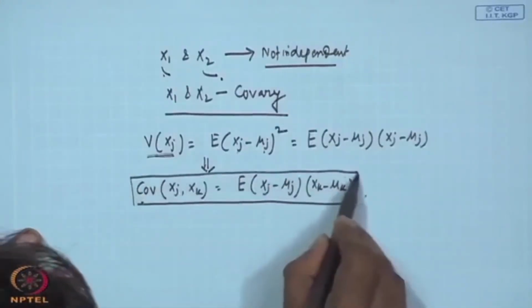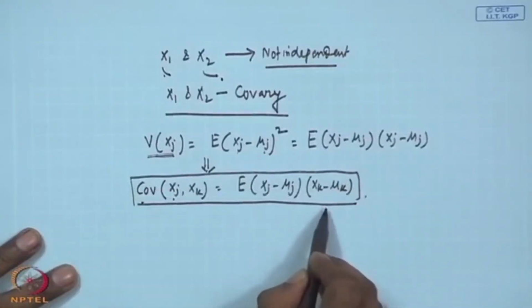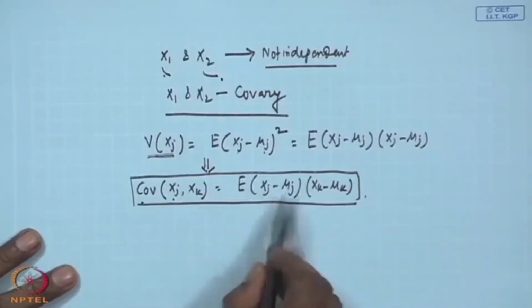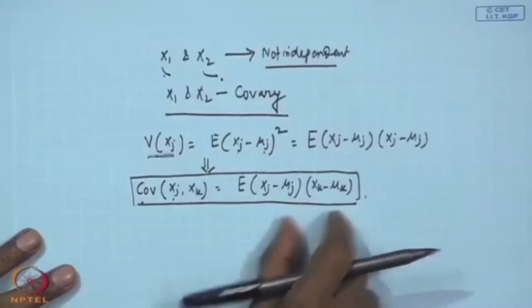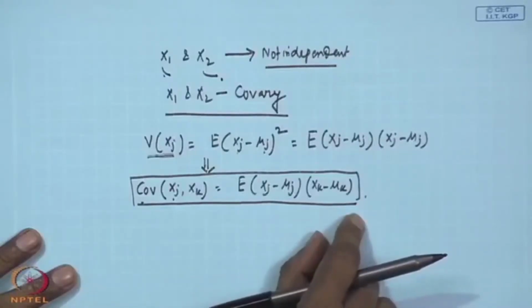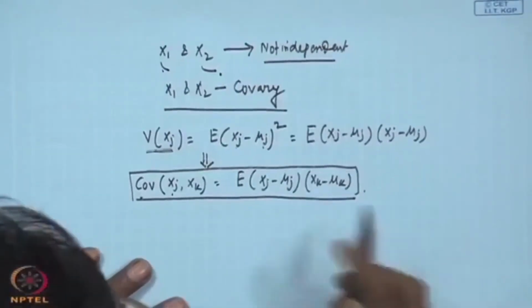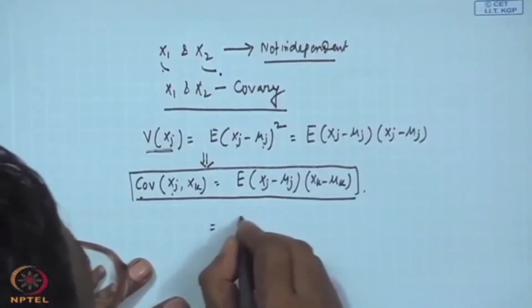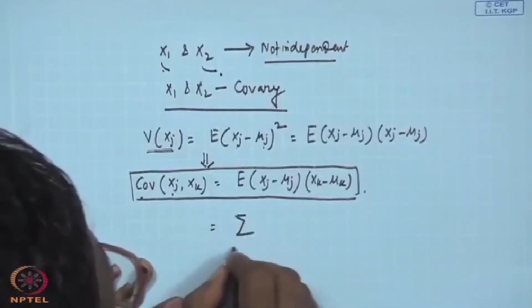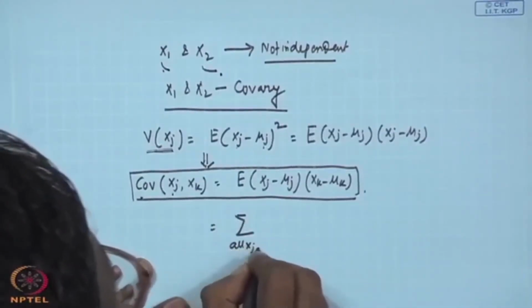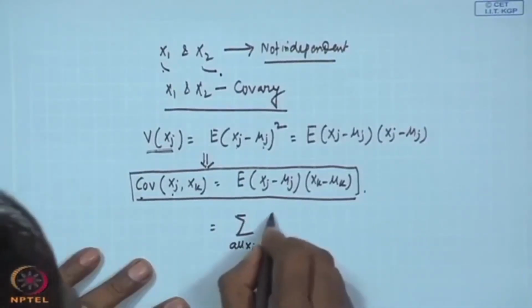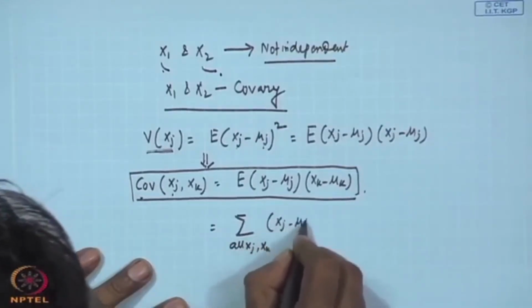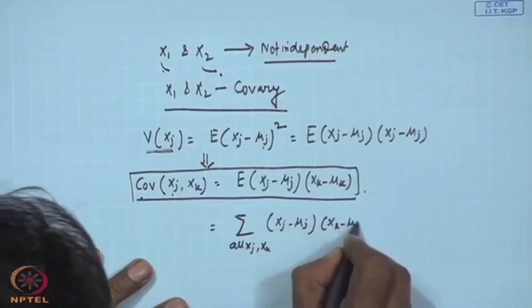as I am saying, if x j varies, x k also varies, there is a chance. That is why I am expecting to see what is the association between the two. So, in that case we can again write down the same formula, over all x j, x k: x j minus mu j, x k minus mu k.